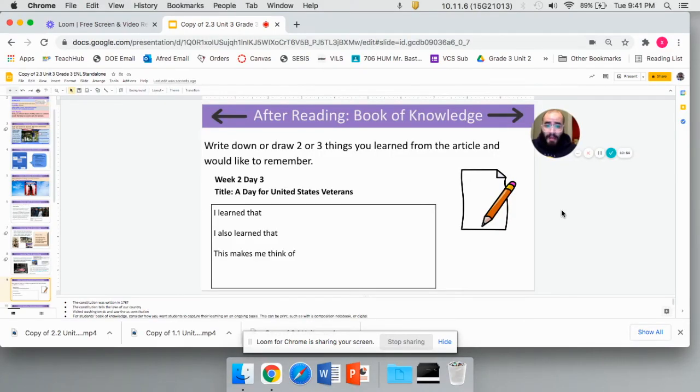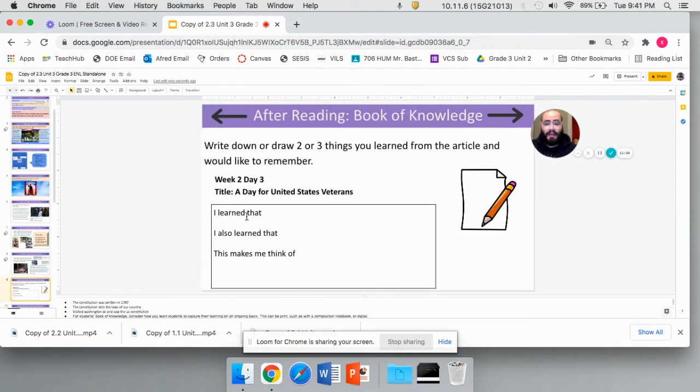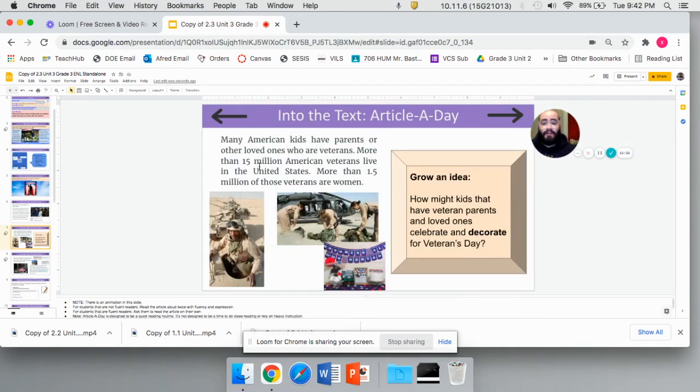As always, I'm going to go back to my article a day and find evidence of the things I learned. So the first thing I learned is that veterans are people who have served in the U.S. Armed Forces. I'm going to write that down. Another thing I learned is that there are 15 million American veterans that live in the United States today.